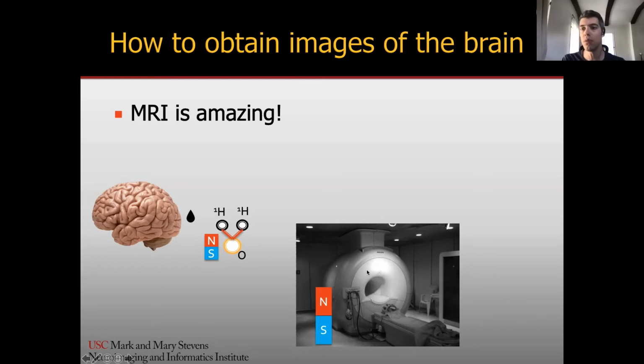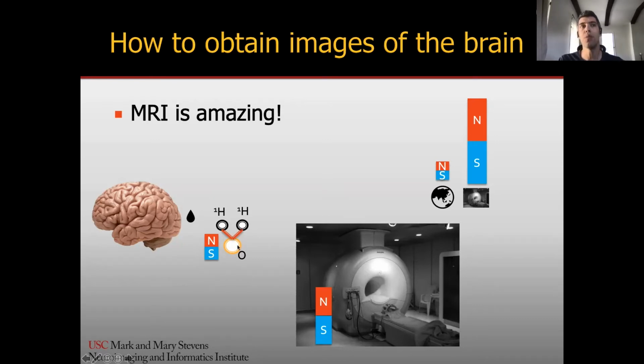And when you go into the MRI scanner, this scanner is basically a humongous magnet. If you compare it to the magnetic field of the Earth, it is maybe even more than 30,000 times stronger. So it's a pretty big magnet.